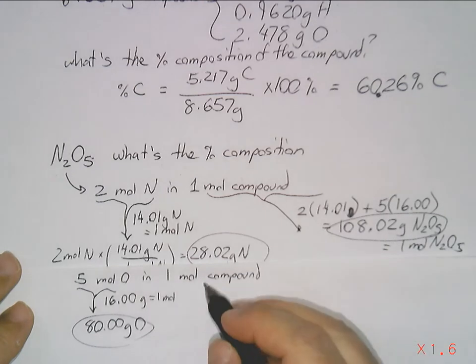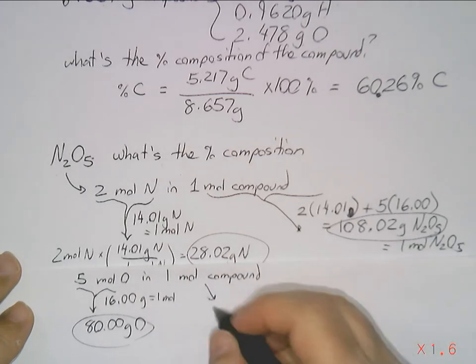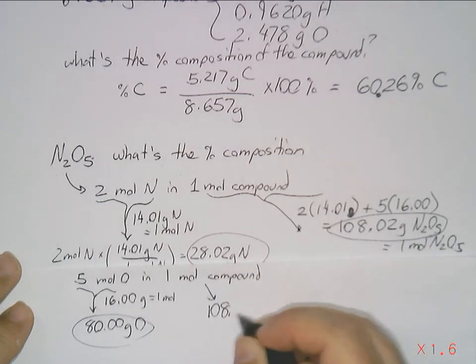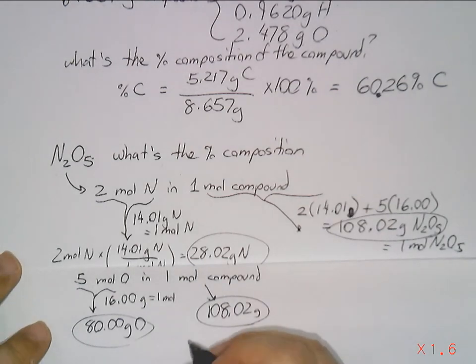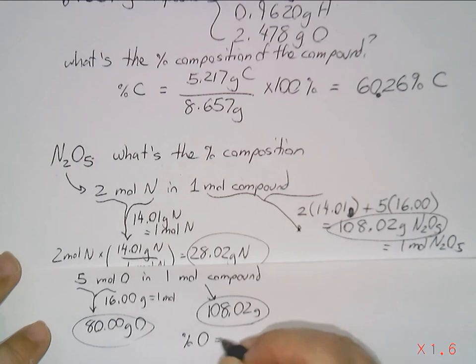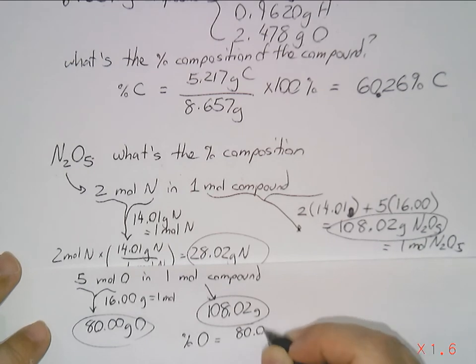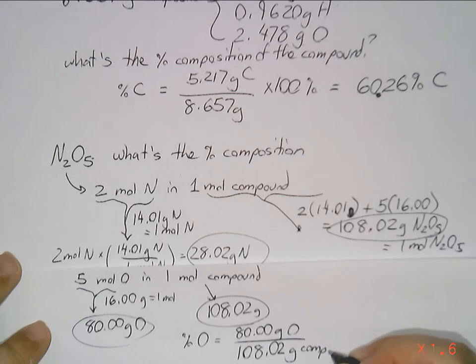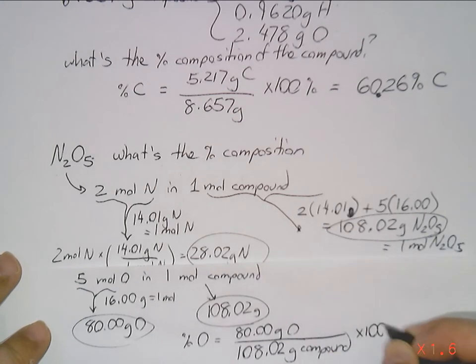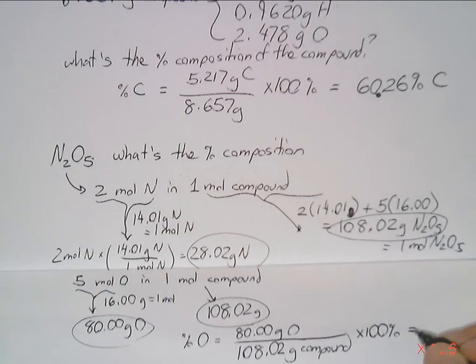And I still have 1 mole of compound, which we figured out up here was 108.02. So the percent oxygen would be 80 grams of O per 108.02 grams of compound times 100%, which if you do the math, it's going to be what?